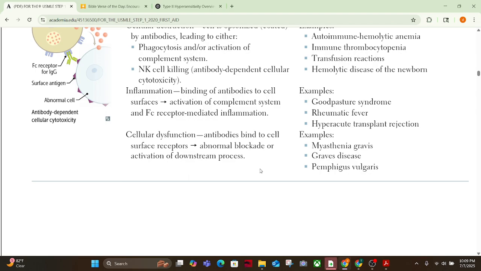This causes bullae, and there's an increase in interstitial fluid in pemphigus vulgaris.